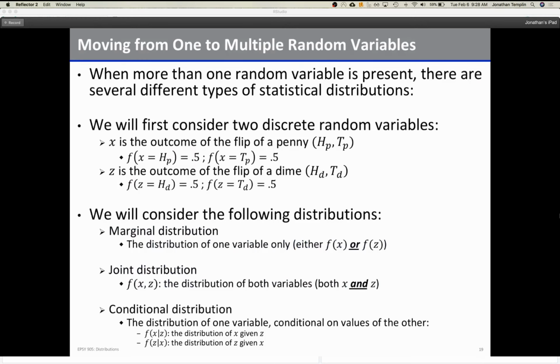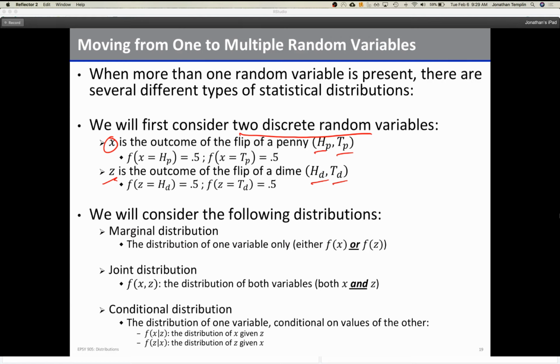Let's imagine we go from one random variable to multiple ones. Let's imagine we have 2 discrete random variables. x is the outcome of a coin flip of a penny, heads or tails, and z is the outcome of the coin flip of a dime, heads or tails as well.